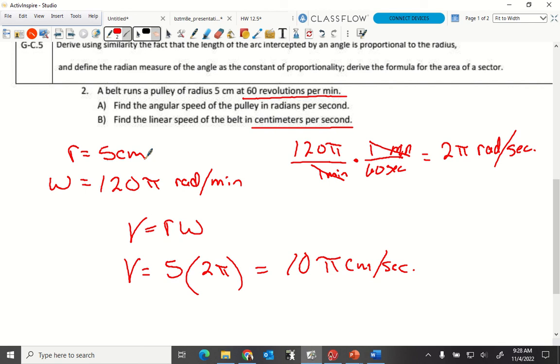Okay, but what does W stand for? Angular speed. That's how many radians does it go per minute or per second? So it's the angle changing over time. Yes. It's good. All right, good.